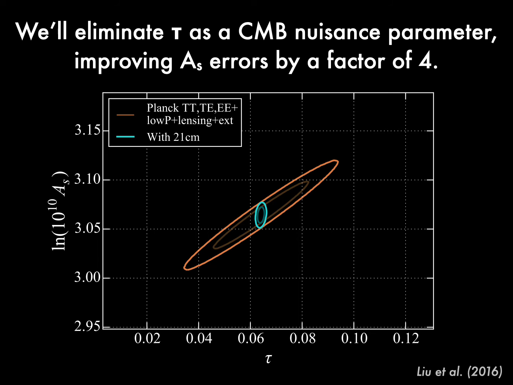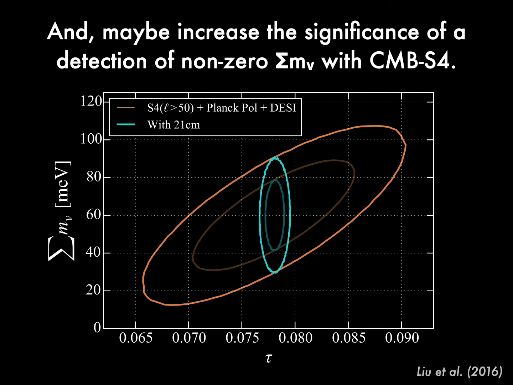And likewise, there's a degeneracy between tau and the sum of the neutrino masses. So we can eliminate tau as a nuisance parameter for the CMB. We should actually, with something like CMB-S4, be able to make a much higher significance detection of the non-zero sum of the neutrino masses, which would be particularly exciting because we might be able to say something then about the hierarchy of the neutrinos.